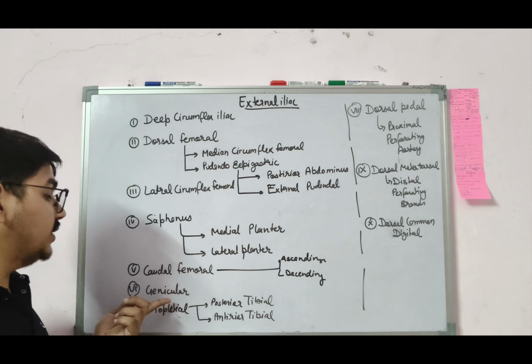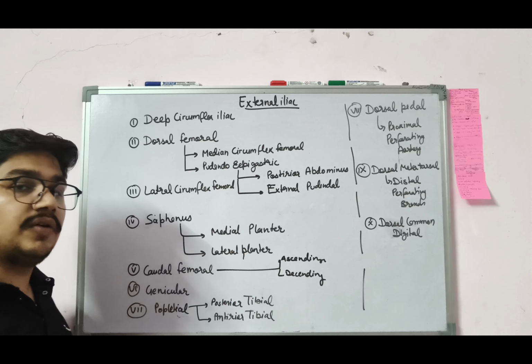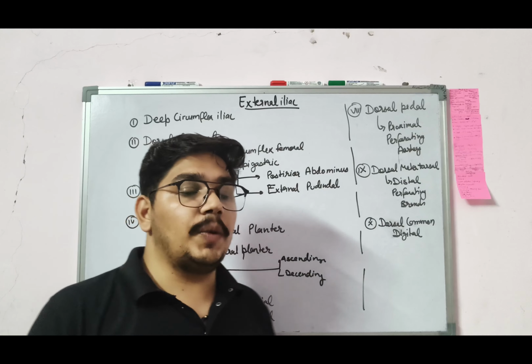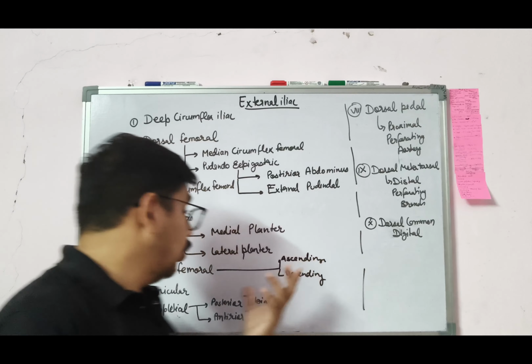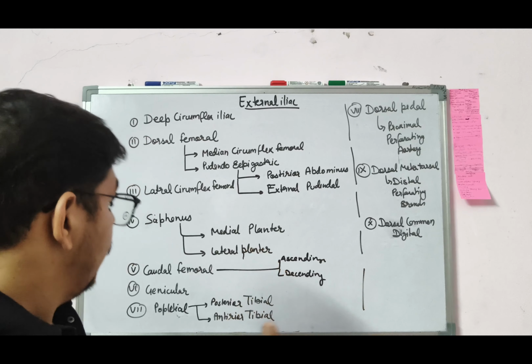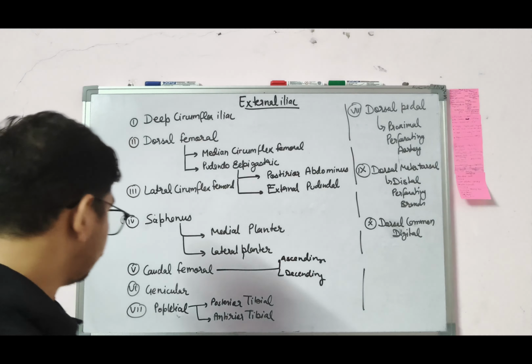Now the genicular is the sixth branch, which emerges cranially and goes to the condylar part or patellar. It goes to the stifle joint, where it supplies the patella and the lateral aspect of muscles.